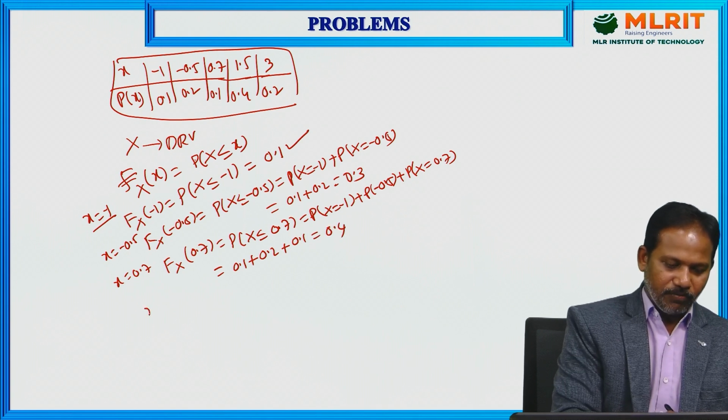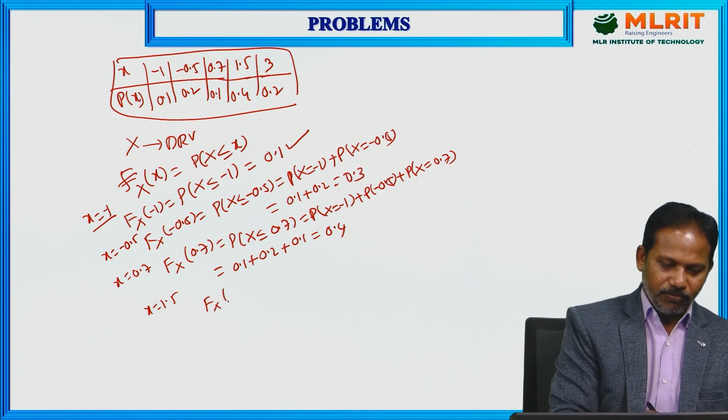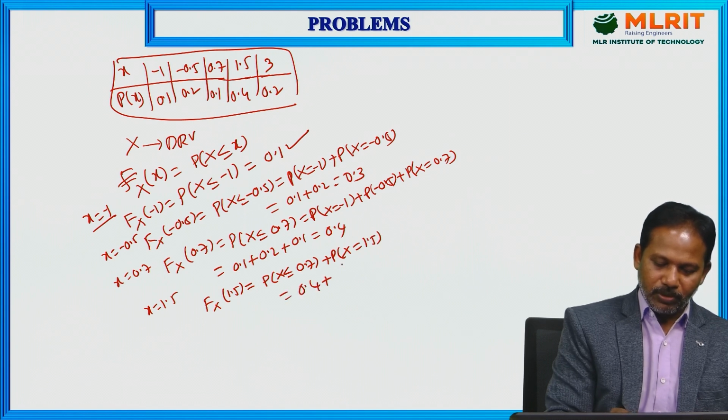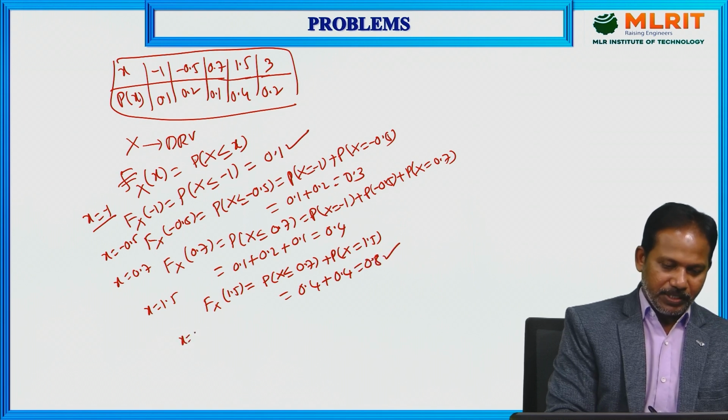Next, at x equal to 1.5, capital Fx of 1.5 is simply p of x less than or equal to 0.7 plus p of x equal to 1.5. The previous value is 0.4 and the current value is 0.4, so that is 0.8.